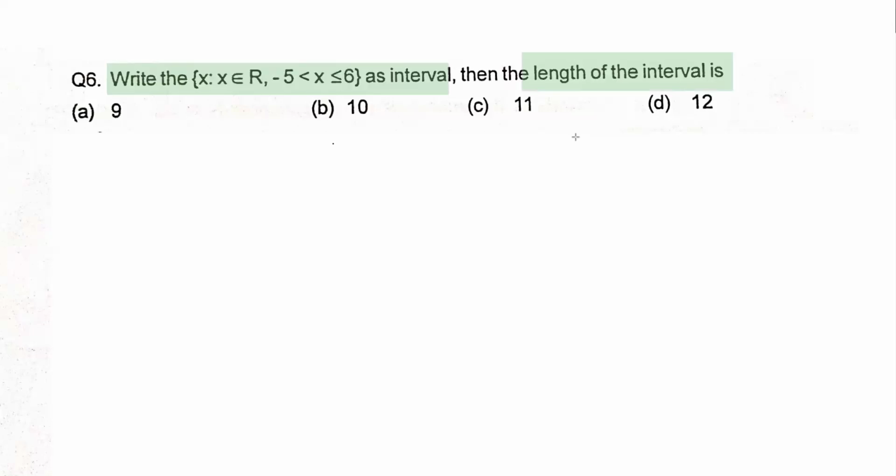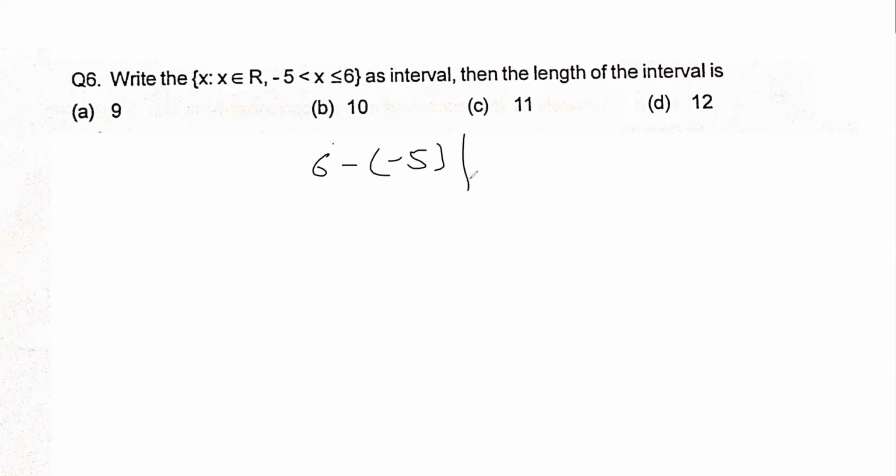Well, this must be an unfamiliar term for you. By length of the interval, it means the absolute value of the difference between the upper and the lower ends of the interval. The upper end is this, the lower end is this, and their difference is bigger minus smaller. Whatever it comes to, its absolute value is the length.